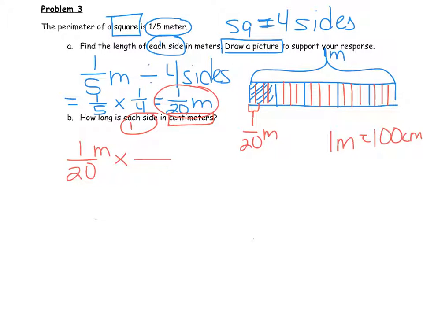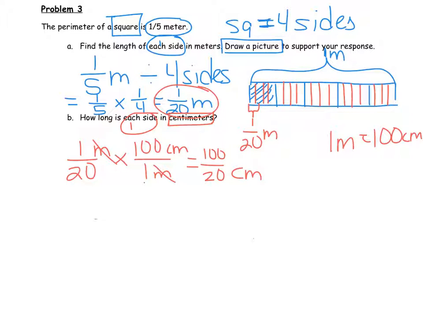So I'm going to put my 1 meter on the bottom, 100 centimeters on top, canceling out my meters because I have 1 in the numerator, 1 in the denominator. I'm left with only centimeters. 1 times 100 is 100. 20 times 1 is 20.